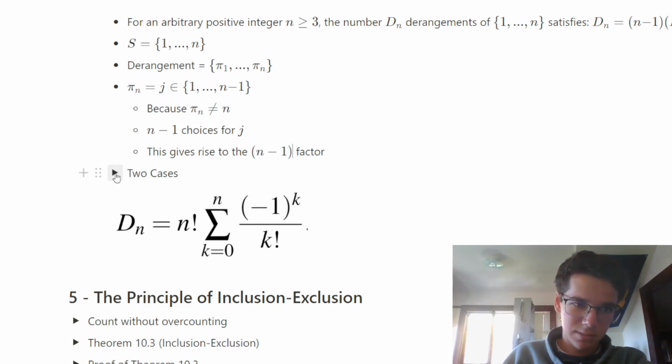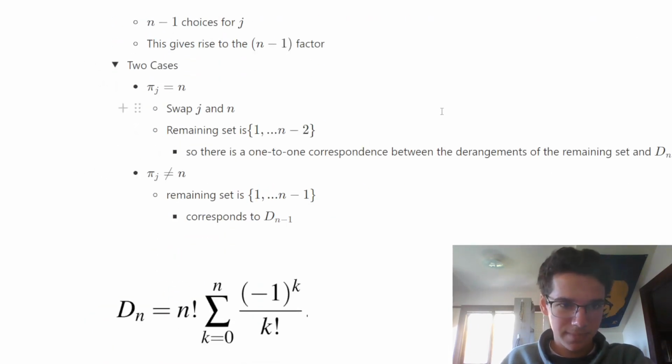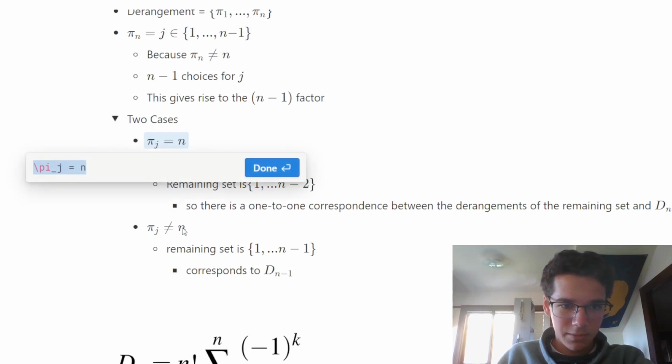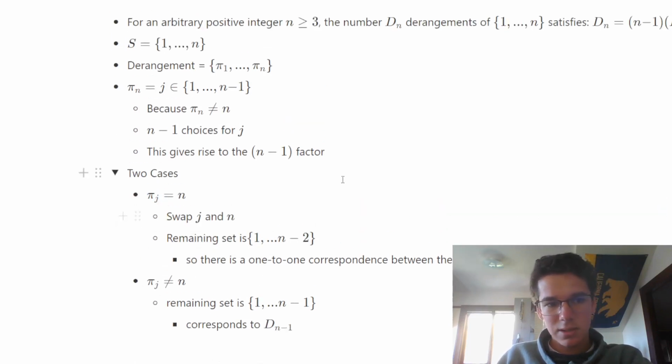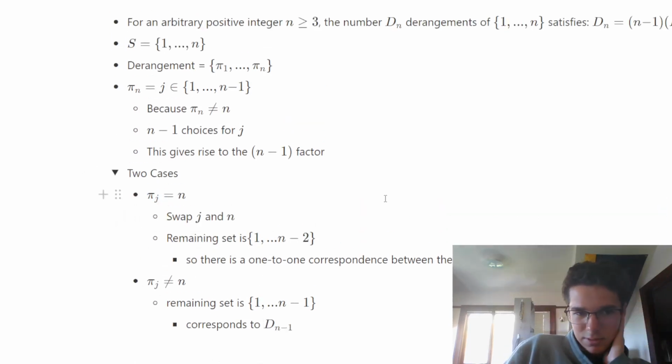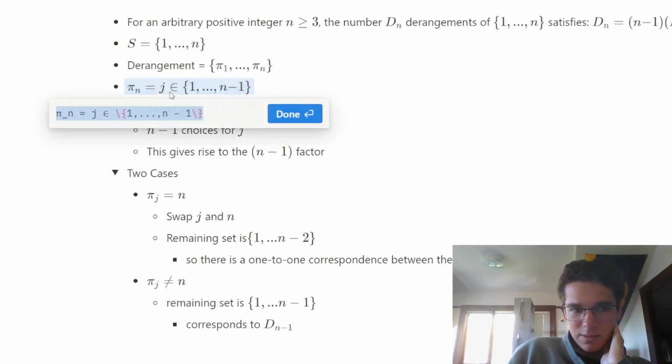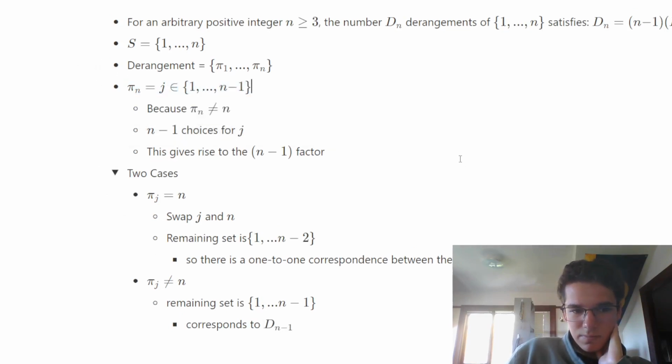Again, I feel like they don't really explain it, but from there we have 2 cases, and I'm not too sure why we have 2 cases, because I thought we defined... okay, yeah.